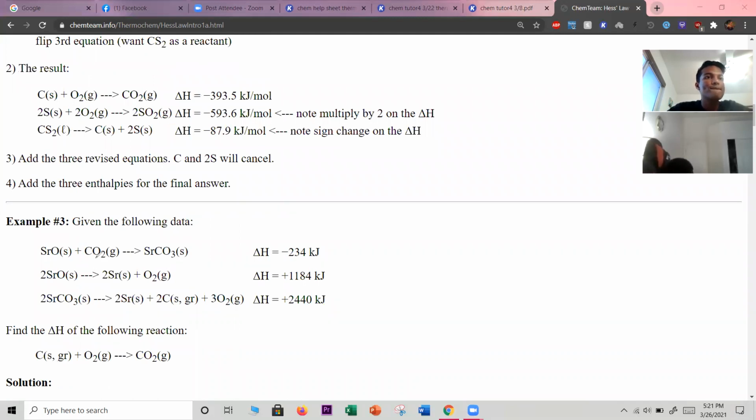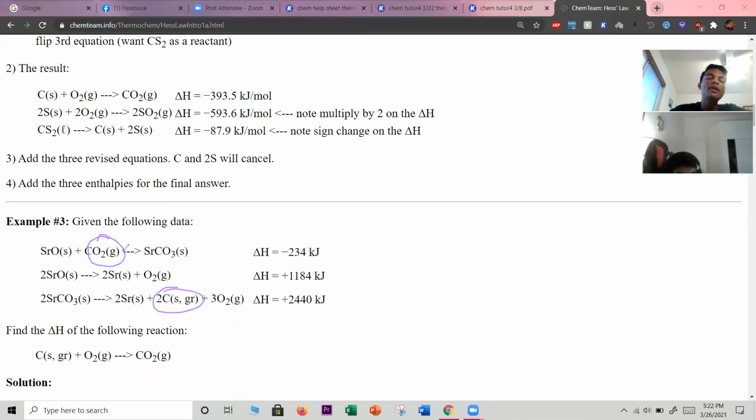CO2. SrO, no, it's not. 2Sr. So 2Sr, 2C, and I think that's it.